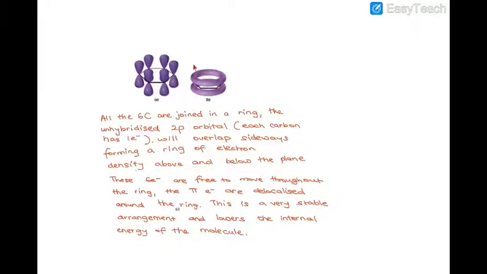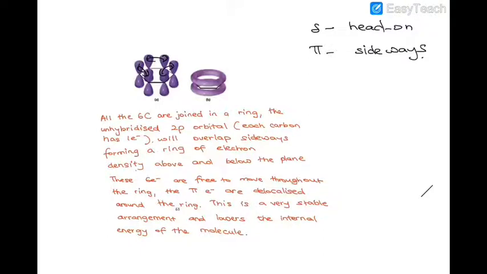So it causes an overlapping at the top and an overlapping at the bottom. If you still remember, sigma bonding is head-on overlapping, while pi bonding is sideways overlapping. So here you have the sideways overlapping of these orbitals. They can overlap like this, or they can overlap like this as well, whichever way they want to overlap.